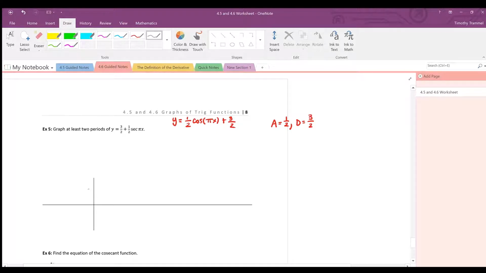I'm going to sketch in tick marks here for 1/2, 1, 3/2, and 2, and I'll explain why in a second. All right, so this one here was 1/2, this is 1, this is 2, and so in the middle there is 3/2. So that's where the center of our wave is going to end up.